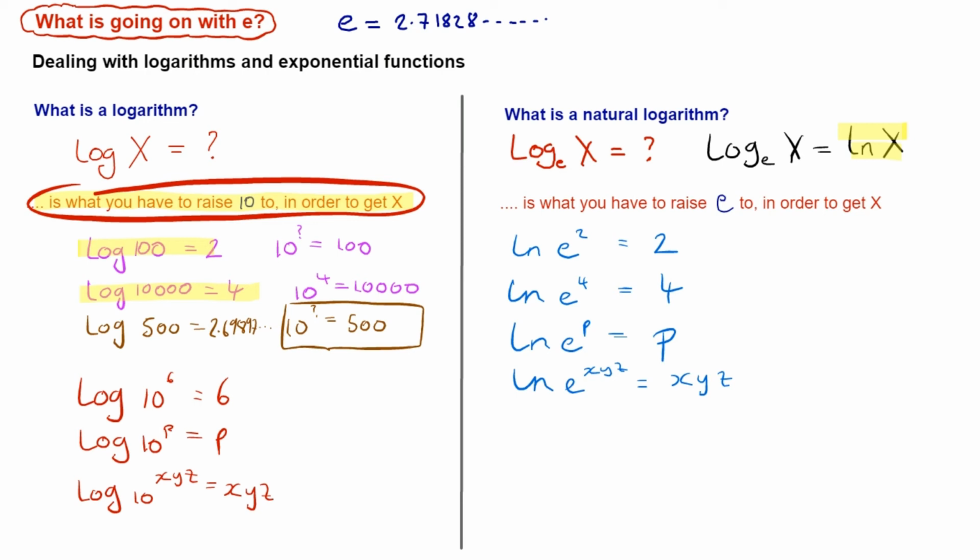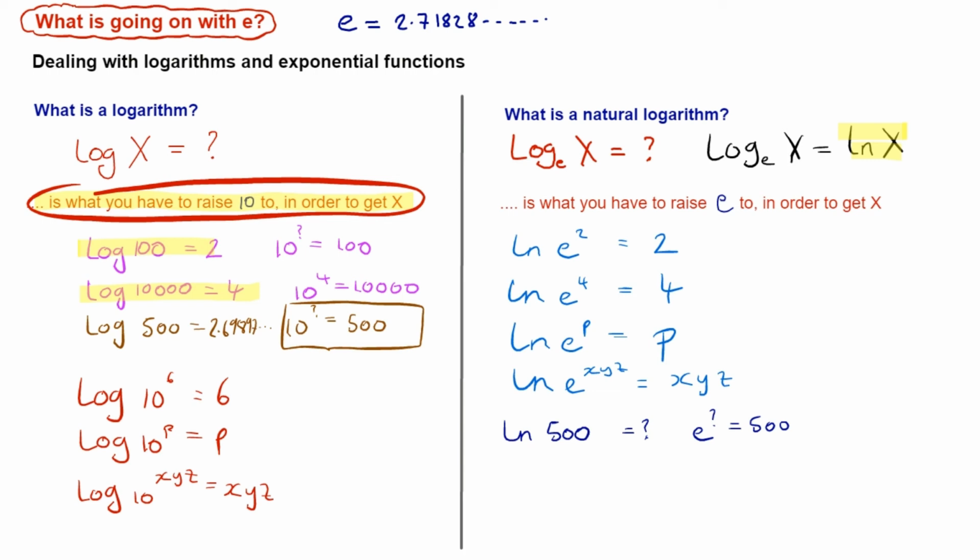When we're working with natural logs and we have to actually find a value, that's where you go to your calculator. For example, if I put natural log of 500, we've got to find what we would have to raise e to in order to get 500. Of course, that's not obvious at all, nor was it when we had the log of 500. But we can use our calculator, and you'll see there's a key which says ln, and you can just punch it in.